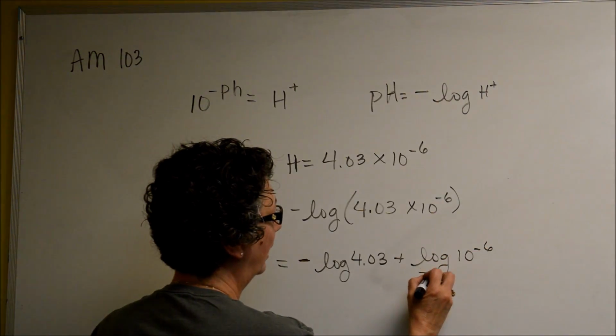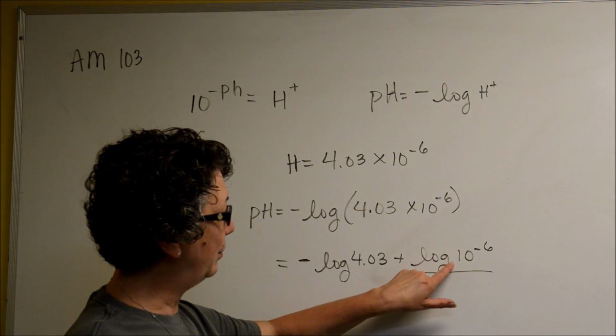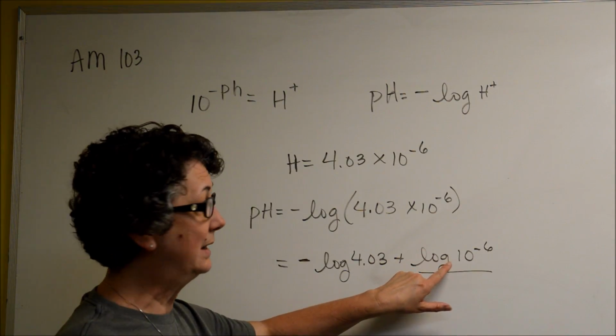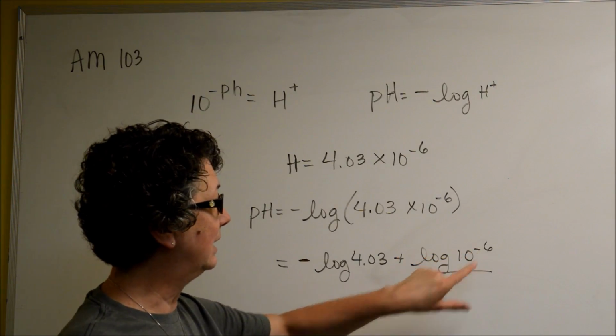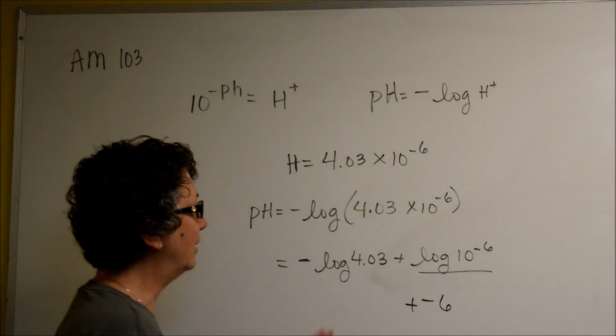And this one right here, I know just by looking at it, because it says what exponent do I raise 10 by to get 10 to the negative 6, so that's going to be a negative 6.